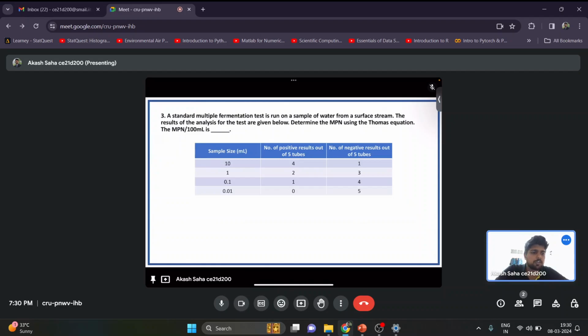Again, the sample size is given, and we have been given the number of positive and negative results. But we have to find out the MPN with respect to the Thomas equation. We will see what the Thomas equation is and how we have to find it. Just make a note of these questions so that we can move forward and solve this.